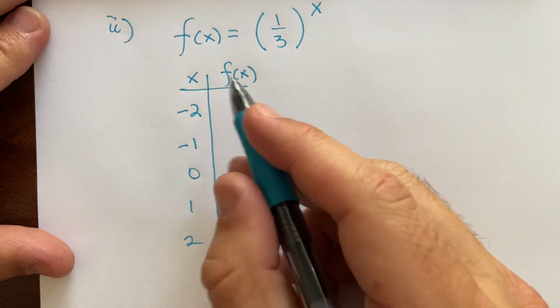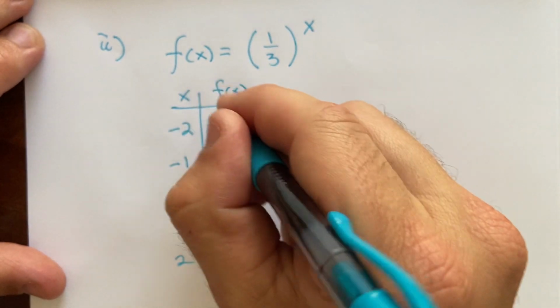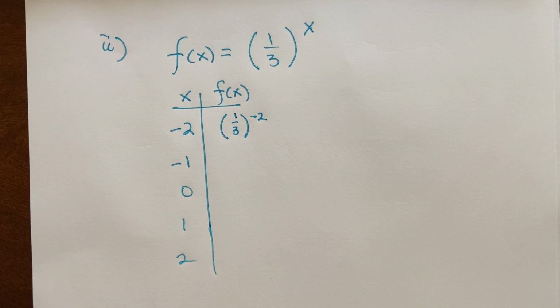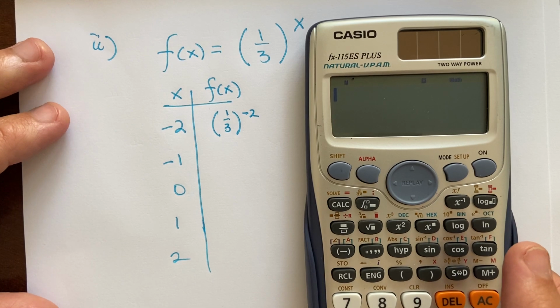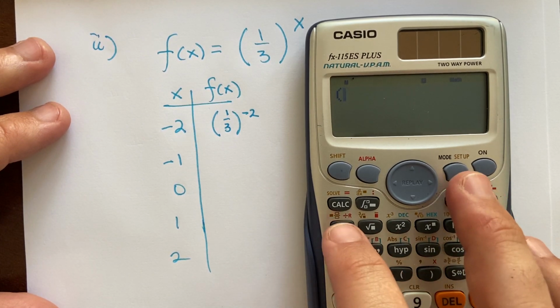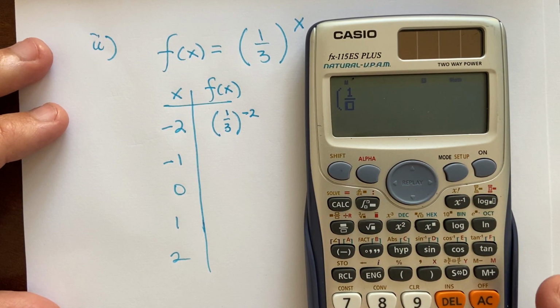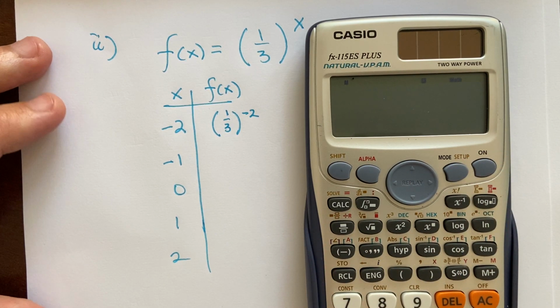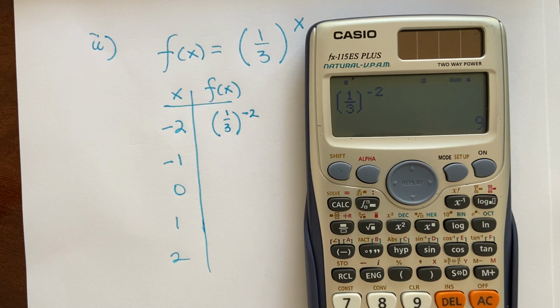Okay, so plugging in -2, I have 1/3 raised to the -2. If you don't know what that is, your calculator does. Parentheses, 1/3, end parentheses, raised to the -2. It equals, this should say 9 on it.